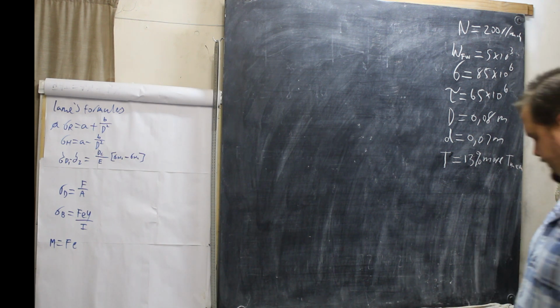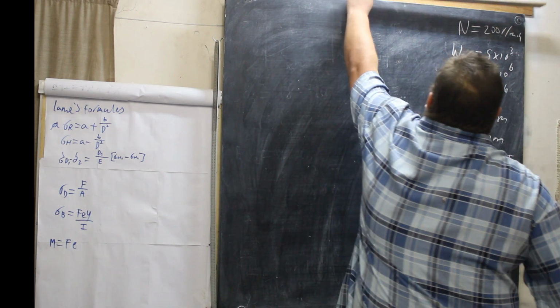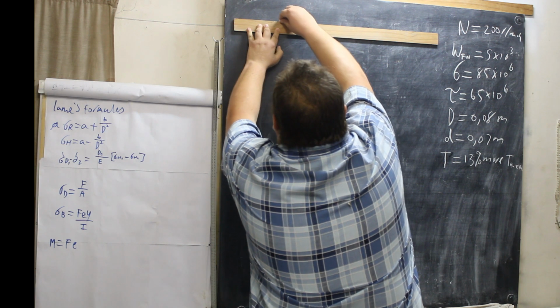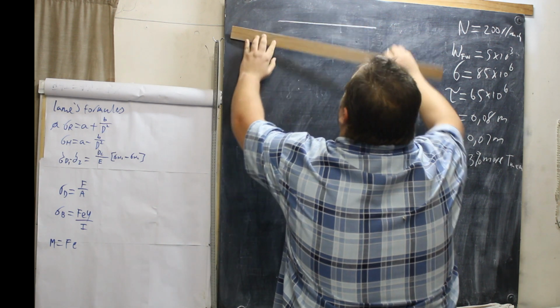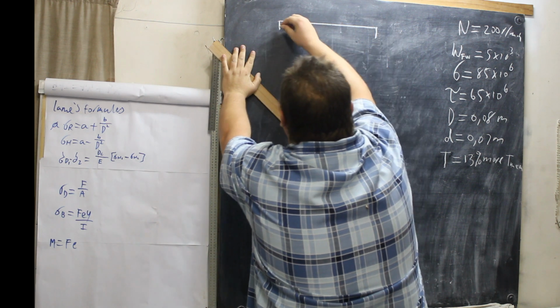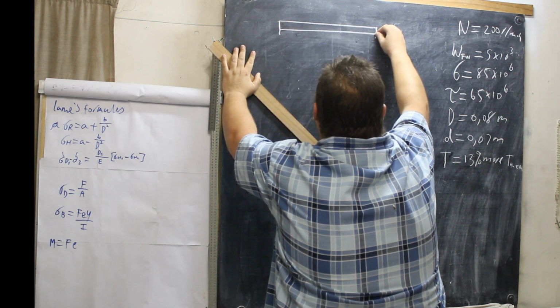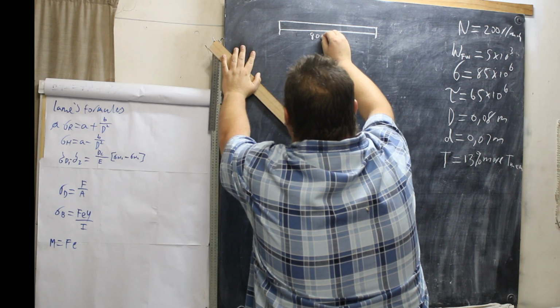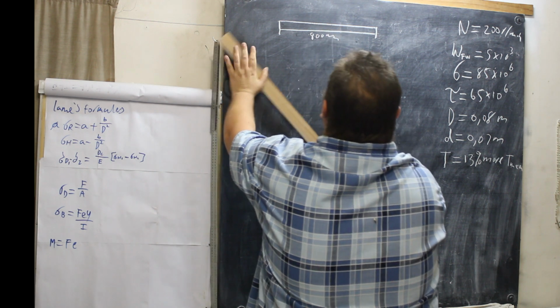Now I'm going to draw you a simple picture of what this should look like. Here's your hollow shaft. It's simply supported here and here. The whole shaft from there to there is 800 millimeters.